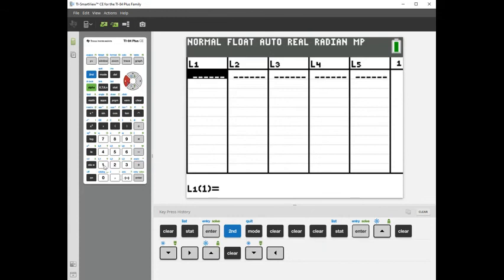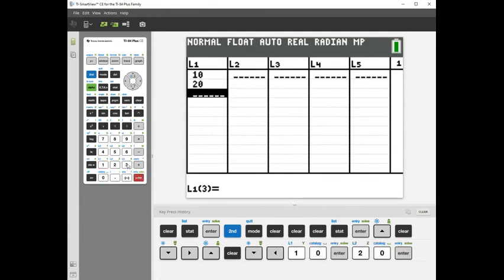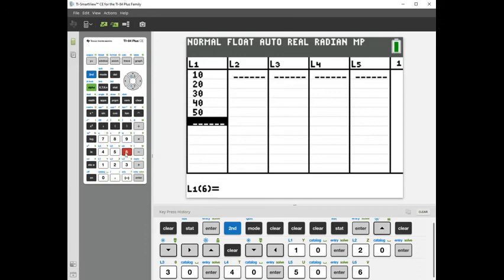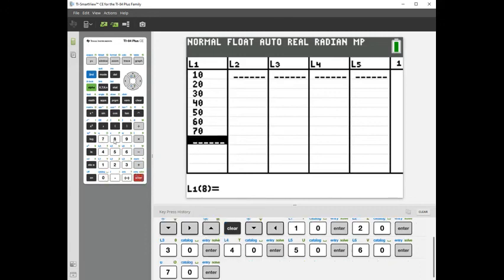In L1, I'm going to type in all of the data points in the first column. 10, enter. 20, enter. 30, enter. 40, enter. 50, enter. 60, enter. 70, enter. And 80, enter. All right, so there's L1.